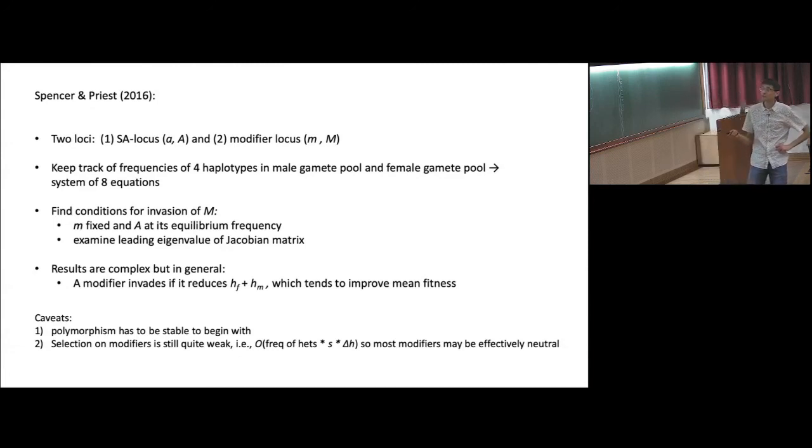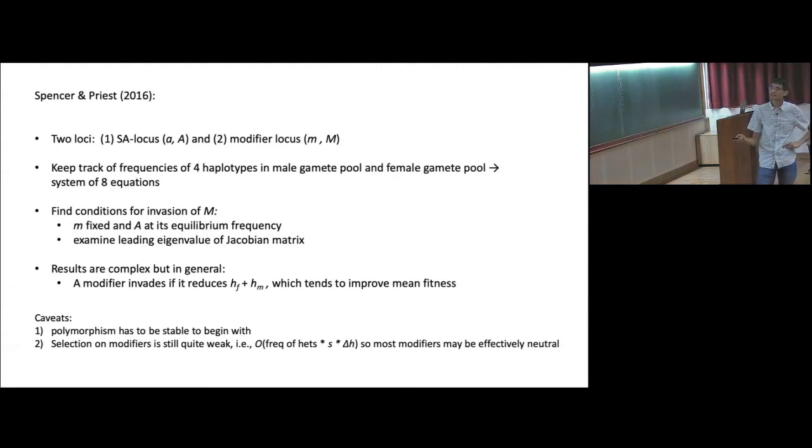But there's a couple of caveats. One is their model requires that you have a stable polymorphism to begin with, and so it's kind of like, well, the dominance reversal will help you have a stable polymorphism, but in order to evolve a stable polymorphism, you need to be stable to begin with. So that's sort of a chicken or the egg kind of issue.